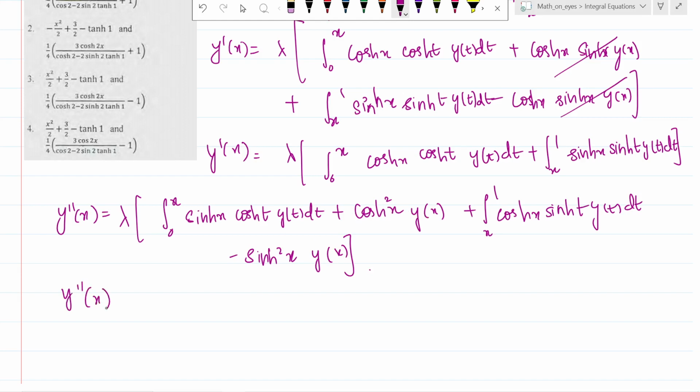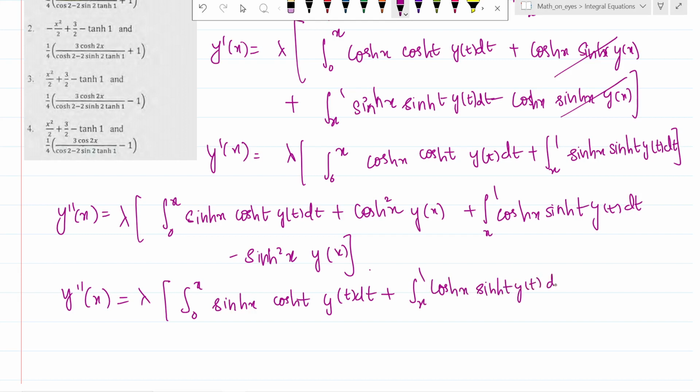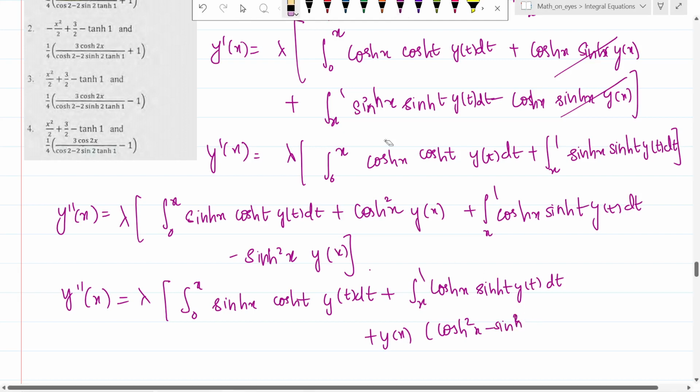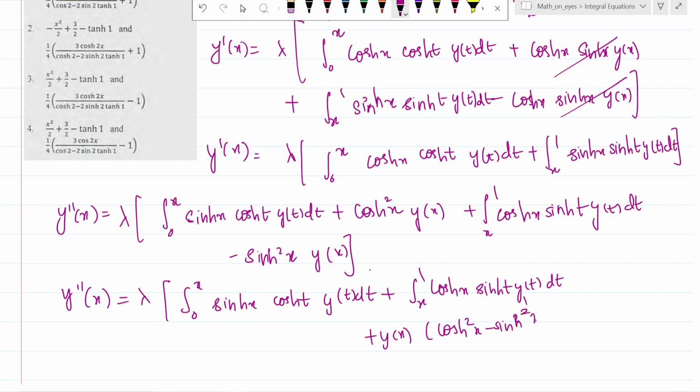So we get y double dash of x is equal to lambda times the integral 0 to x sin hx cos ht into y of t dt, plus integral x to 1 cos hx sin ht into y of t dt, and taking y of x outside, you will have cos h squared x minus sin h squared x, and this part will give you 1.